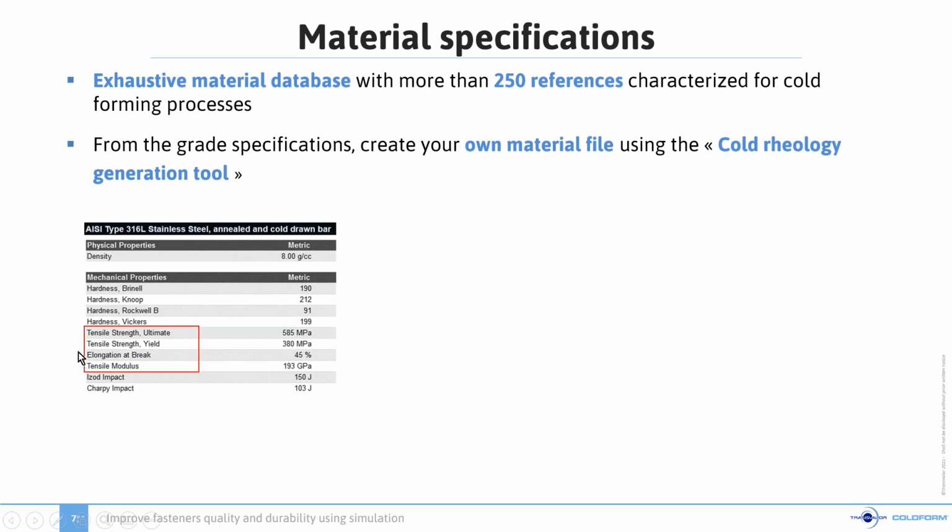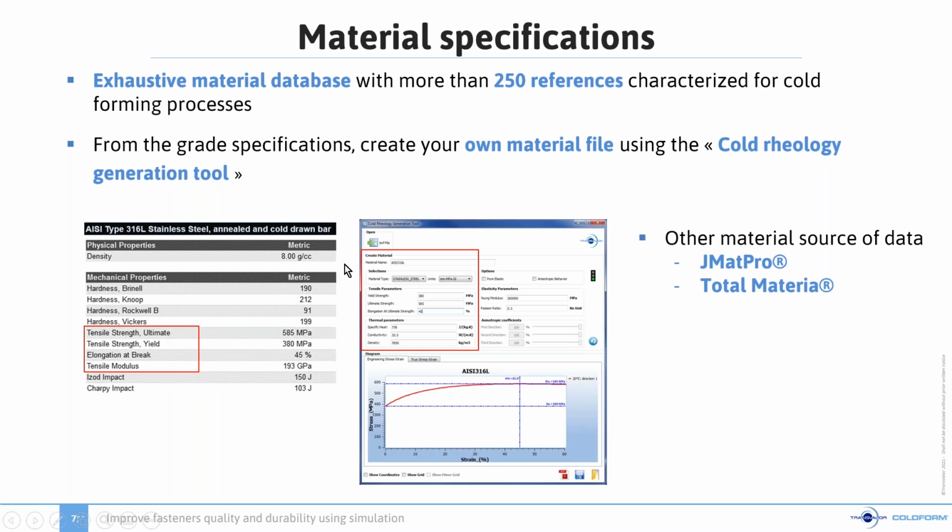You can use the rolled rheology generator tool integrated in the software to create your material file. You need to enter the ultimate strength, the yield strength, and the elongation at break. By defining these parameters, the rheology generator tool will create the material file. As well, the software is also compatible with external material tools such as GMAT Pro and Total Material.